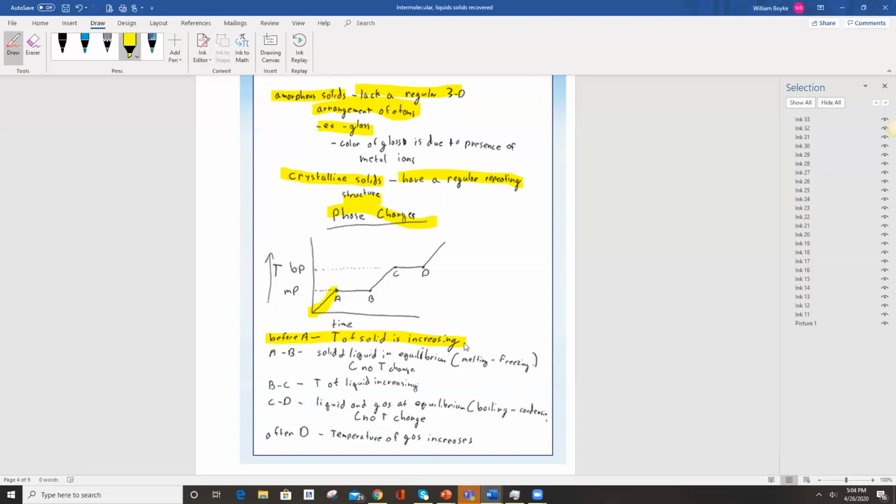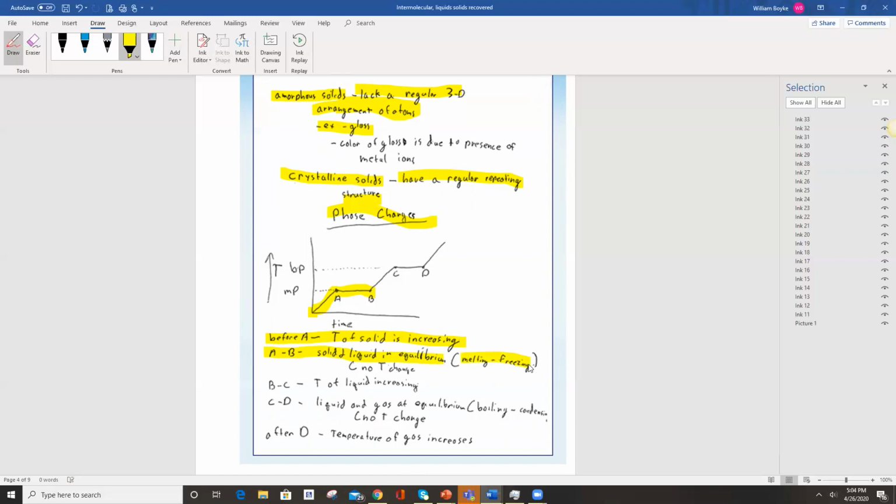Eventually, though, we're going to supply enough heat to start melting that solid. And that's what you see between points A and B. Between points A and B, you have solid and liquid in equilibrium. This would be melting or freezing.